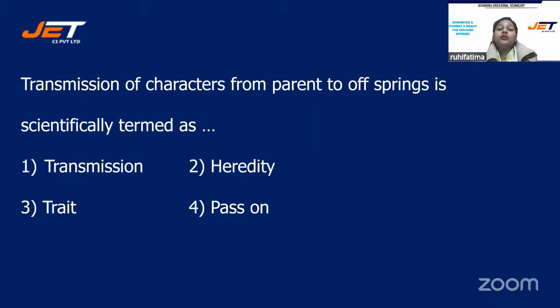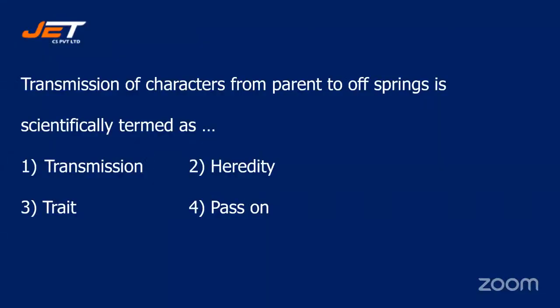Next question. Transmission of characters from parent to offspring is scientifically termed as, and your options are option number 1, transmission, option number 2, heredity, option number 3, trait, or is it option number 4, pass on? Transmission of characters from parent to offspring is scientifically termed as transmission, heredity, trait, or pass on.